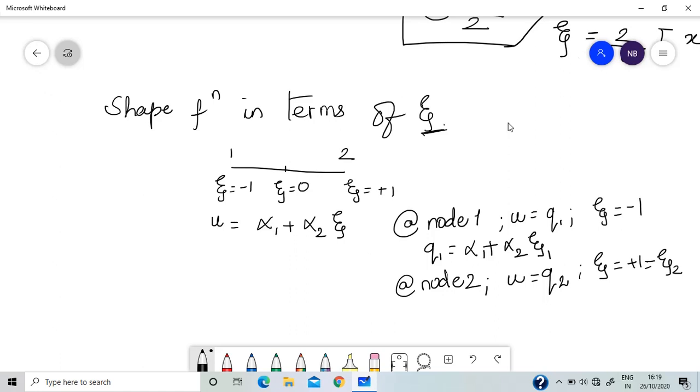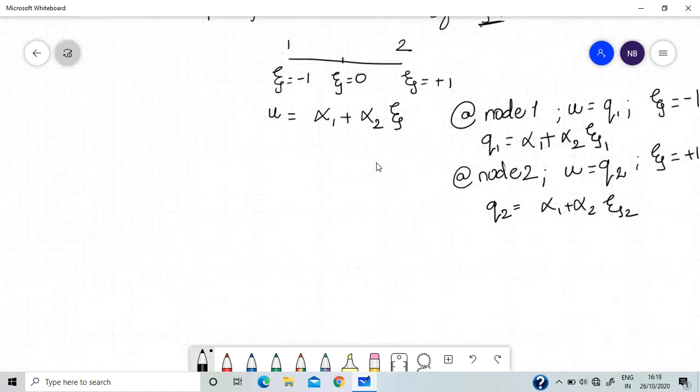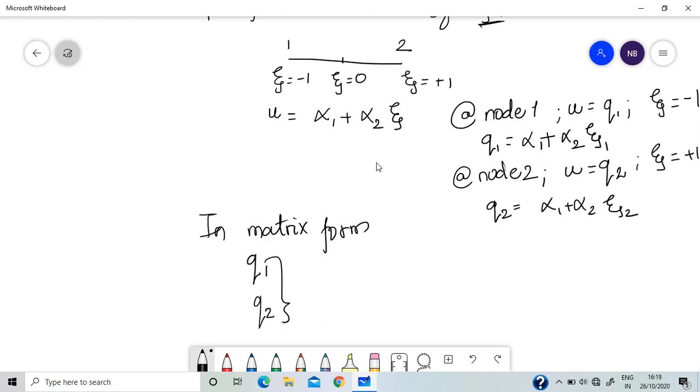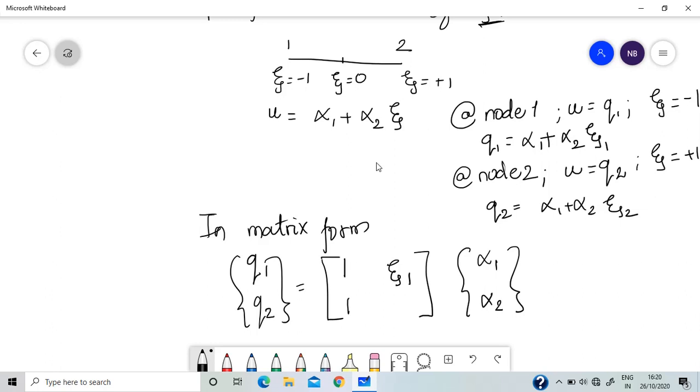So we have two equations here. q2 equals alpha 1 plus alpha 2 zeta 2. If I want to write this in matrix form, the left hand side is a vector of q1 and q2. Then we'll have a 2 by 2 matrix, and the common terms are alpha 1 and alpha 2. So we have 1, zeta 1, 1 and zeta 2.